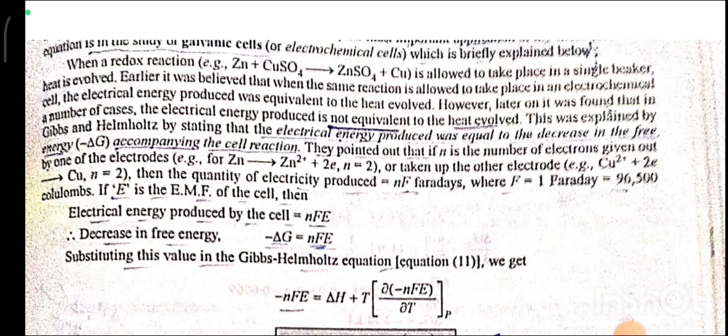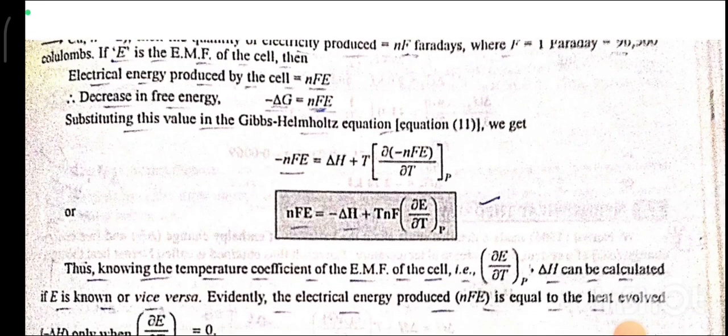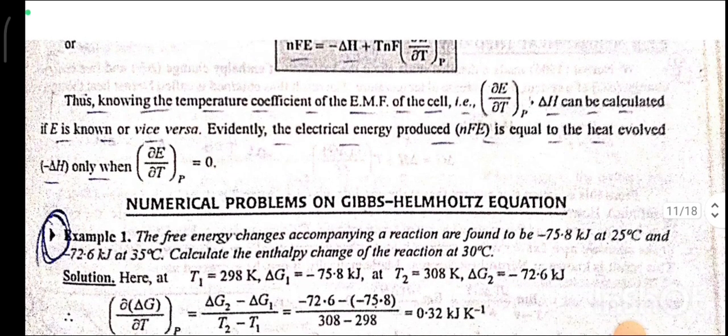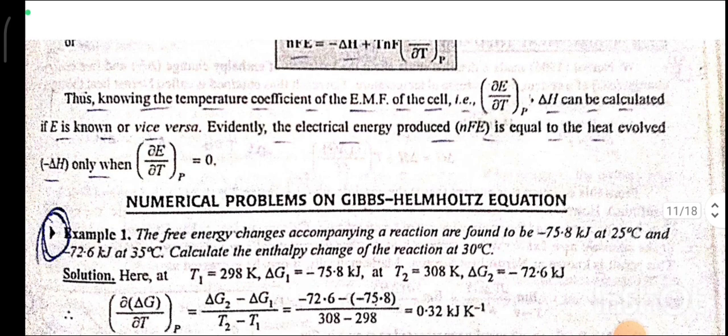Substituting this value in the Gibbs-Helmholtz equation, we get -nFE = ΔH + T(∂(-nFE)/∂T) at constant P. So nFE = -ΔH + T nF (∂E/∂T) at constant P. Thus, knowing the temperature coefficient of the EMF of a cell, ∂E/∂T at constant P, ΔH can be calculated if E is known, or vice versa.